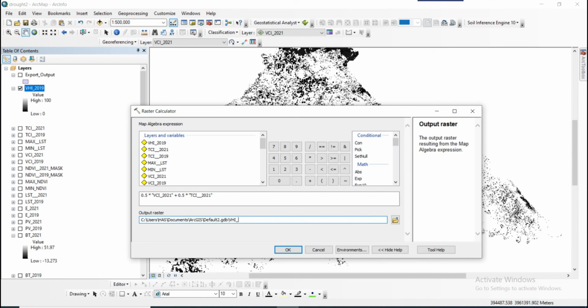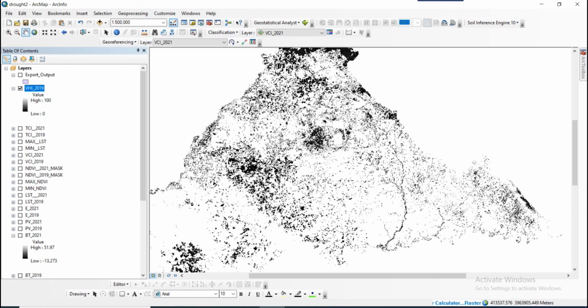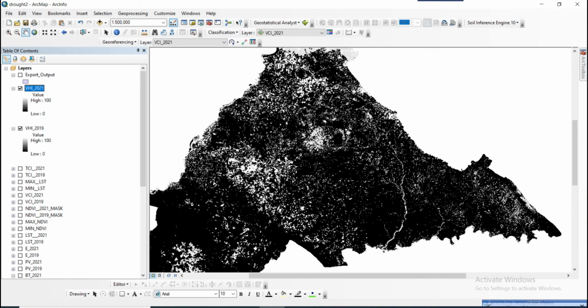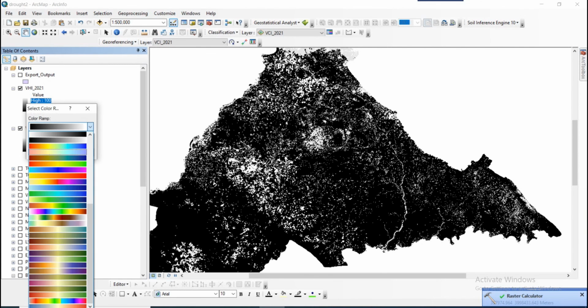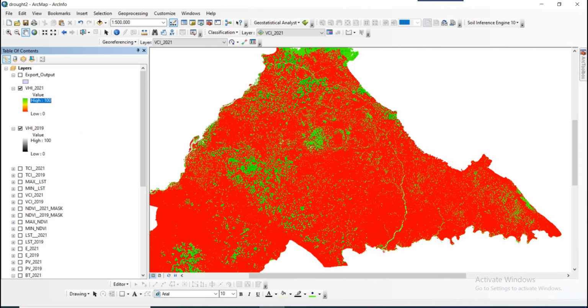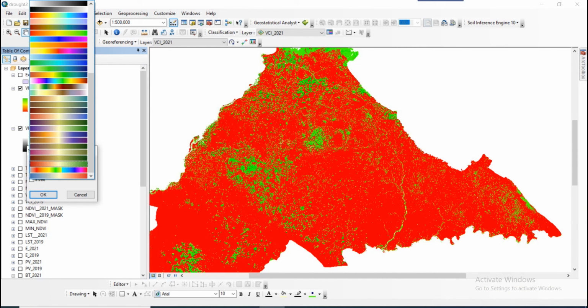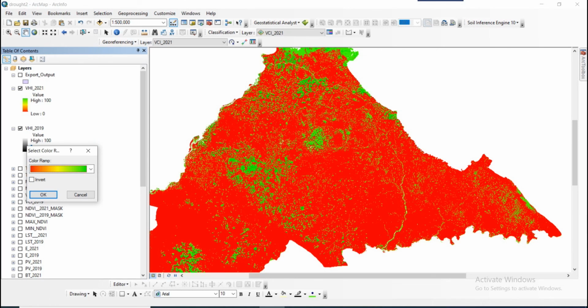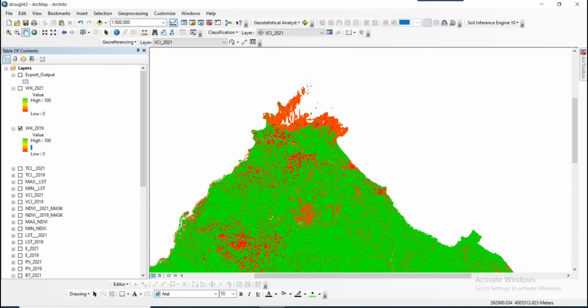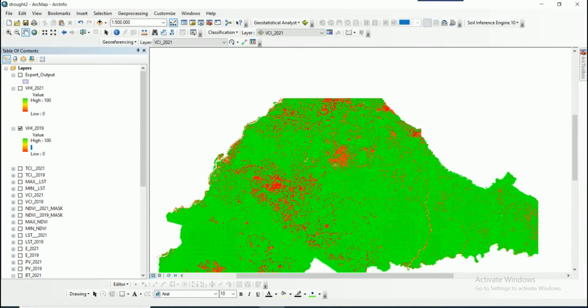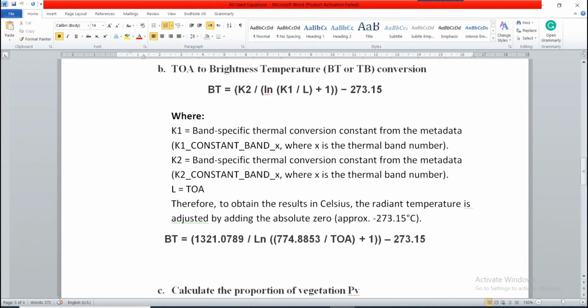VHI 2021. So that is the entire procedure of calculating the VHI depending on these formulas.